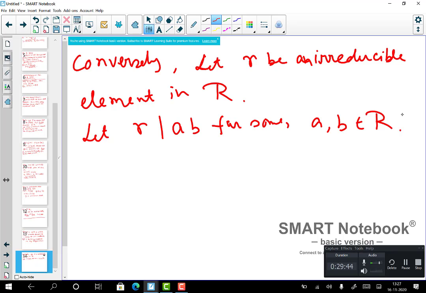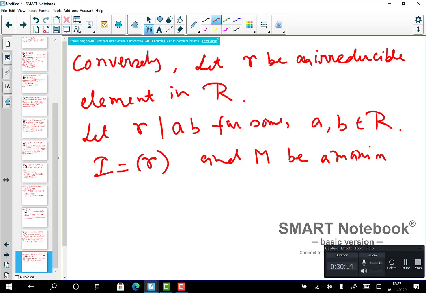Now I consider this ideal I, which is the ideal generated by the element r. And let M be a maximal ideal containing I. That is always possible.